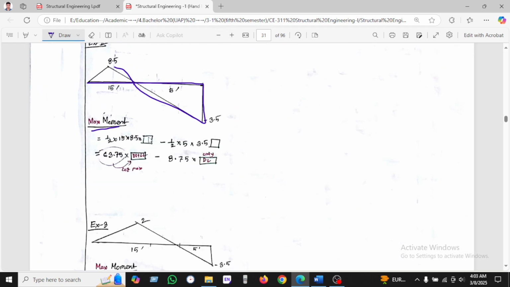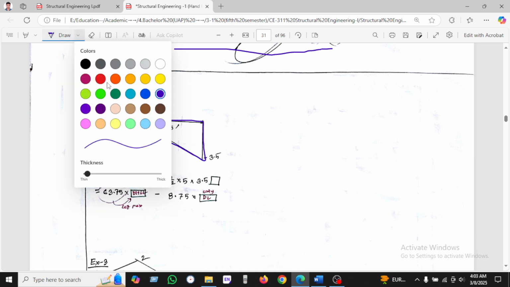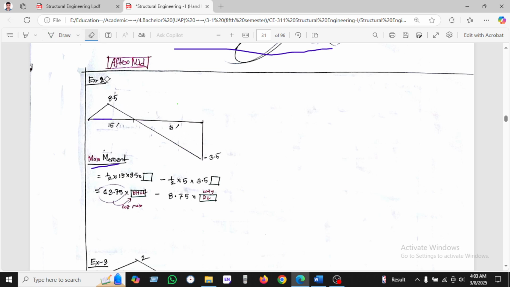This will be half. These are triangles. We're just taking the triangle formula, as we know, half into length into height. So half into length is found and height is 5.